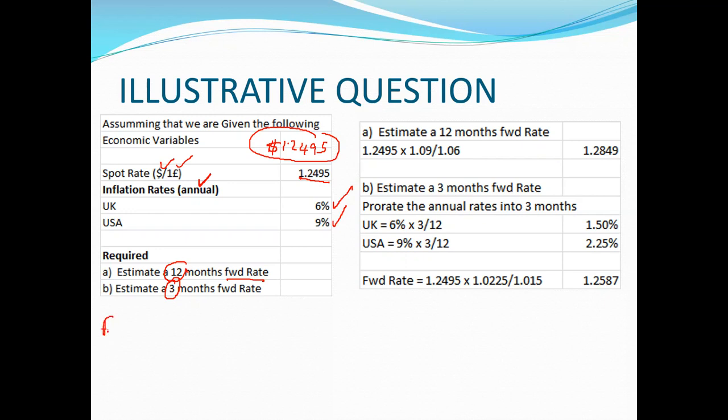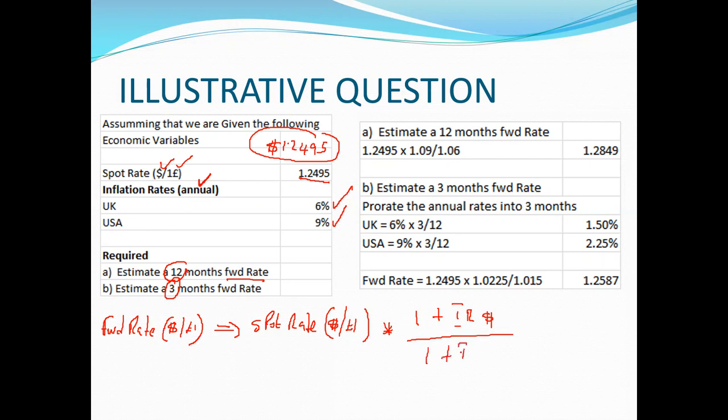The forward rate, in that format, can be found by taking the spot rate, which is in that format, then multiplying by 1 plus the rate. In our case, the spot rate is $1.2495.